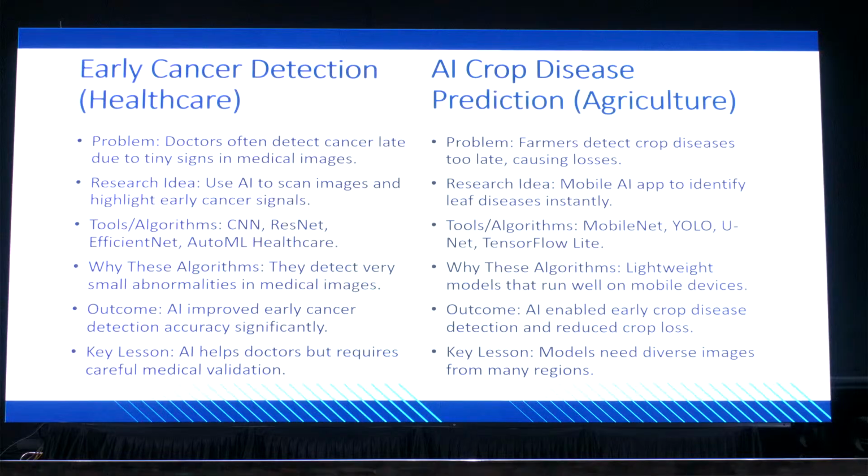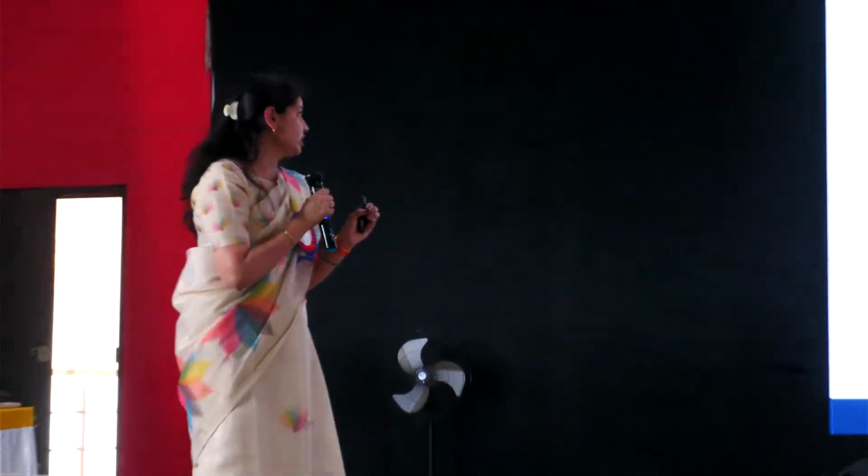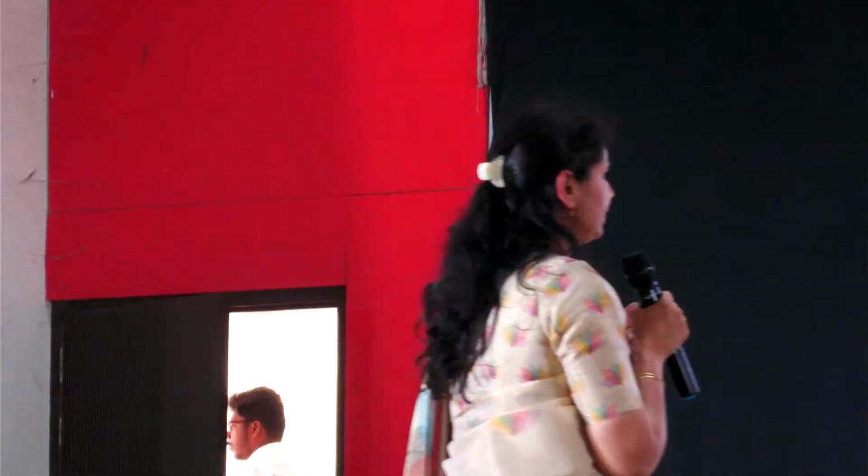The doctors were having problems reading the images because the particles were very small in medical images. So the research idea came, and they used AI to scan images and highlight early cancer signals. The algorithms used were CNN, ResNet, EfficientNet, AutoML Healthcare.